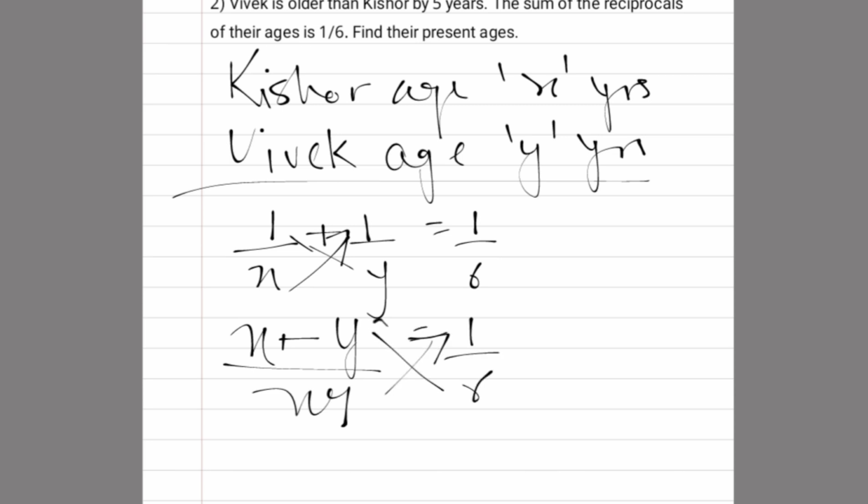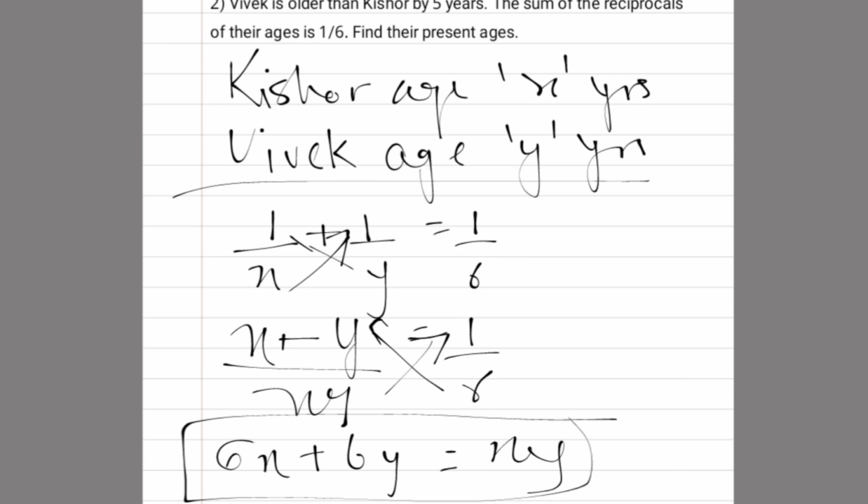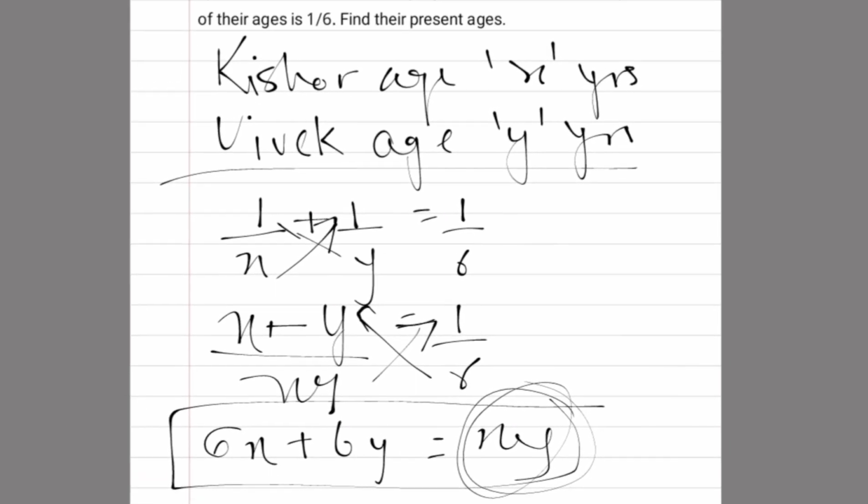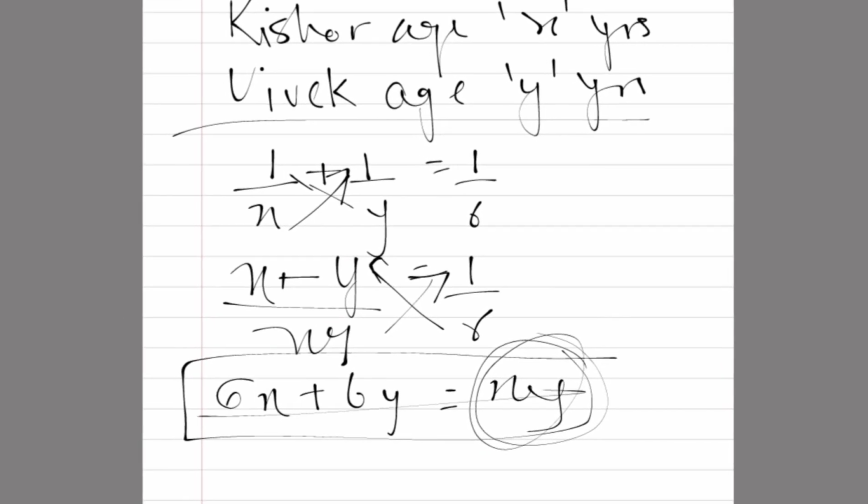Again we cross multiply, and we get 6x plus 6y is equal to xy. Now we cannot solve this equation because how are we going to eliminate this term, right? This is the difficulty here: we get this term and we are not able to eliminate it. So we are going to solve it by quadratic equations.